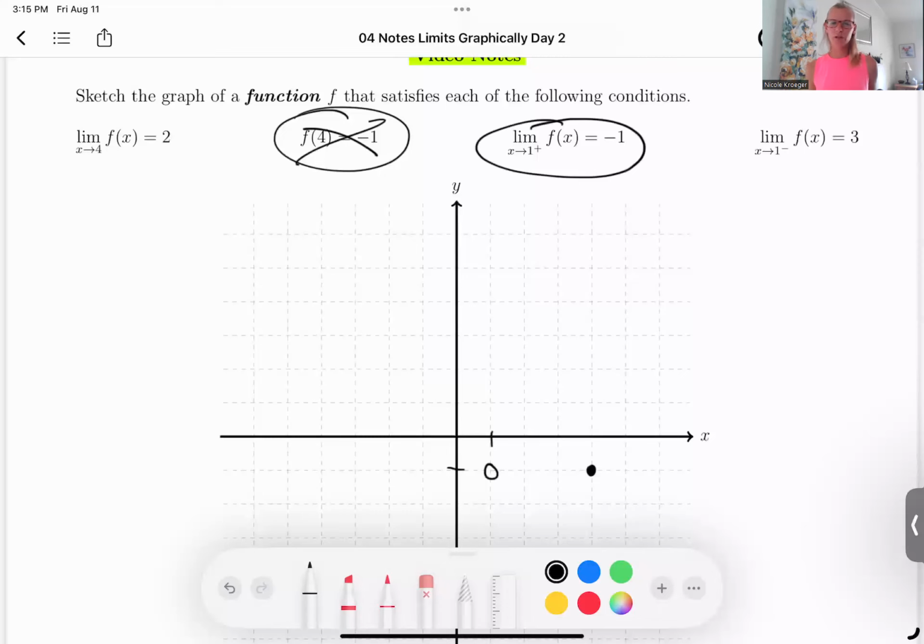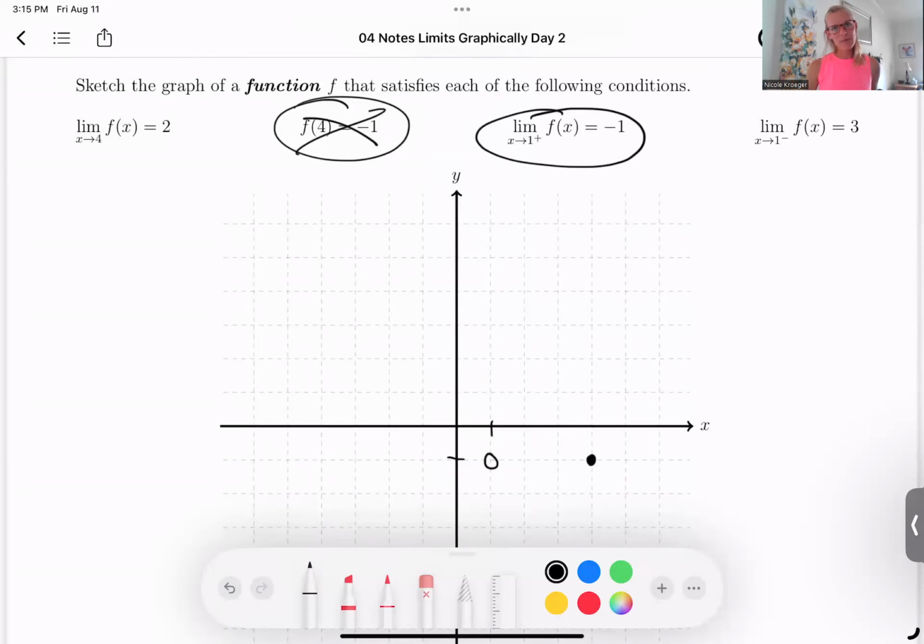We might close that circle in eventually, but I'll start with an open circle. Since this is a right-hand limit, that means as I get closer to 1 from the right-hand side, I have to be getting closer to this y value. So what I do is I stick a little tail here that's on the right-hand side. And because my function is going to have to meet up here, I don't know how it's going to meet up to everything else yet, but I'll figure that out eventually.